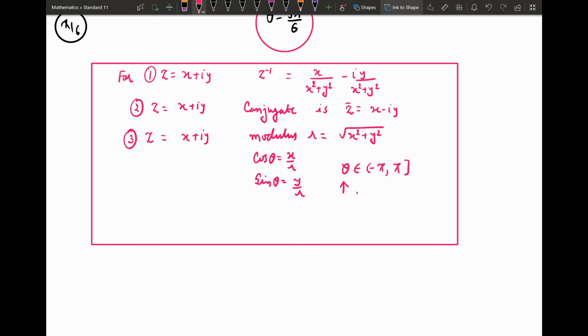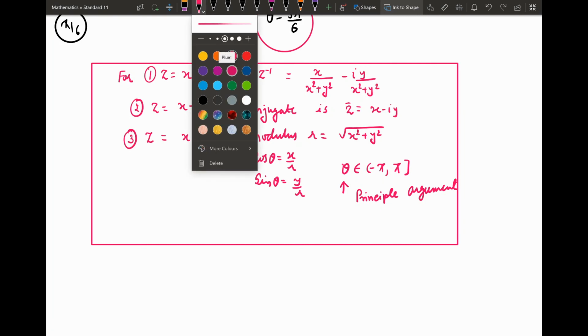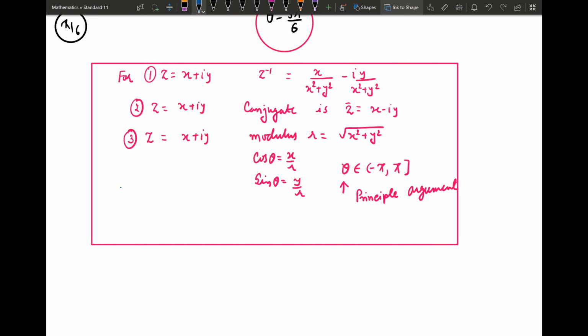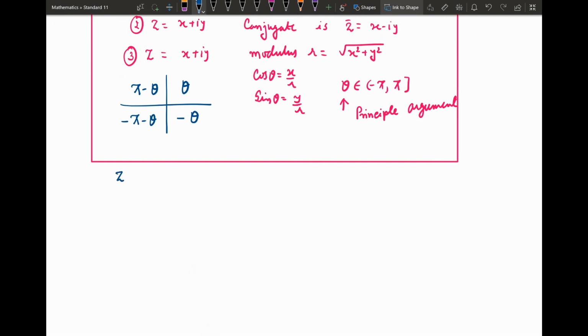This theta is the principal argument, and to go into the proper quadrant, as we have discussed, first quadrant theta, second quadrant pi minus theta, third quadrant minus pi plus theta, fourth quadrant mirror reflection.